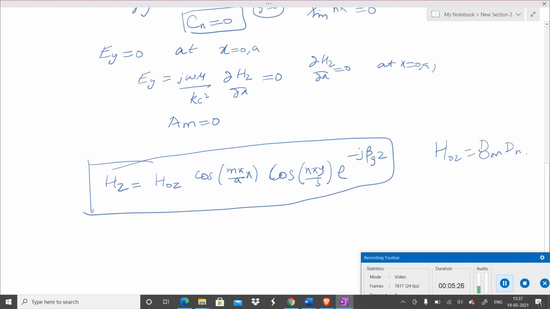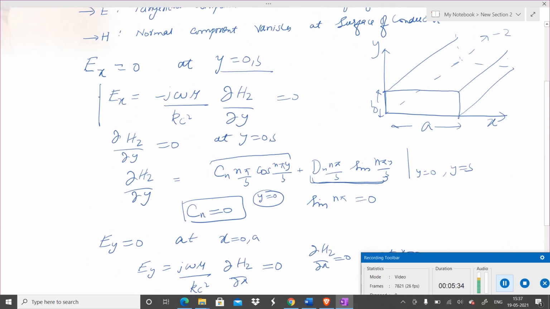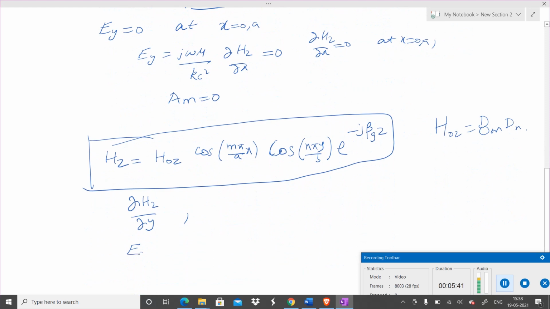We can also get the electric field component. If you differentiate this Hz with respect to y and then use this relationship for Ex, you will get Ex also. Very simple exercise.